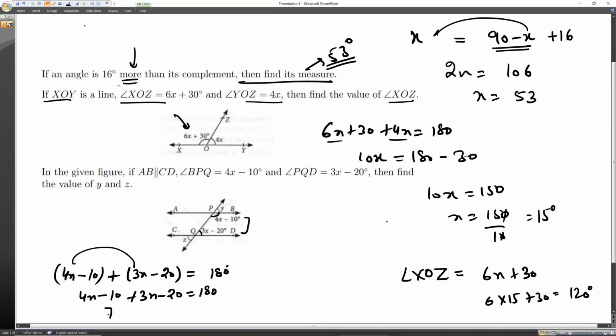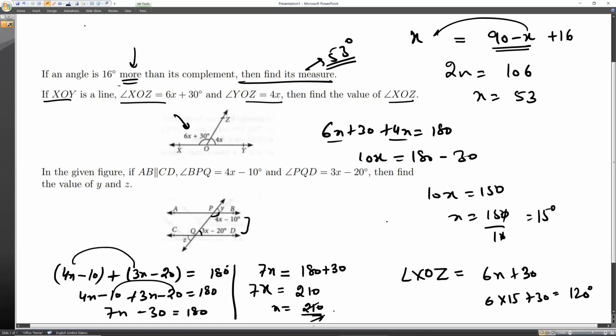Then 7x is equal to 180 plus 30, because when it goes to that side, it will become plus 30. It will be 210. Then x is equal to 210 divided by 7, you will get 30. So the value of x is 30.